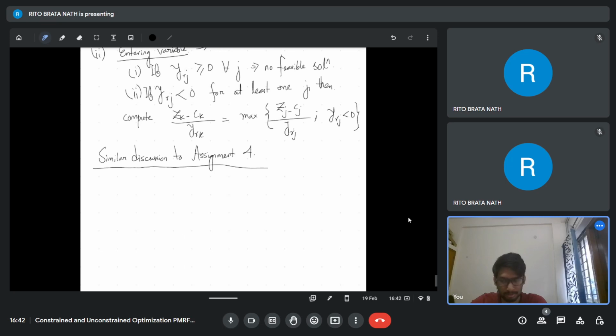I have discussed similar things today. Then the next problem is related to the changes in the right hand side vector. So that's the requirement vector, and you have to check in which range the current optimal solution will remain feasible. So I think that is also discussed.